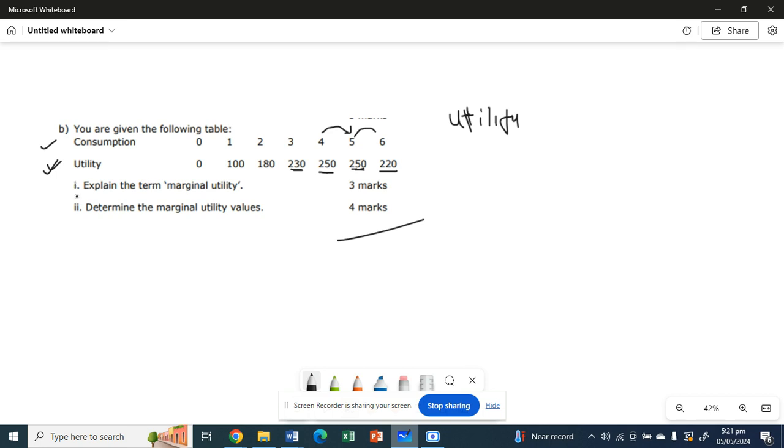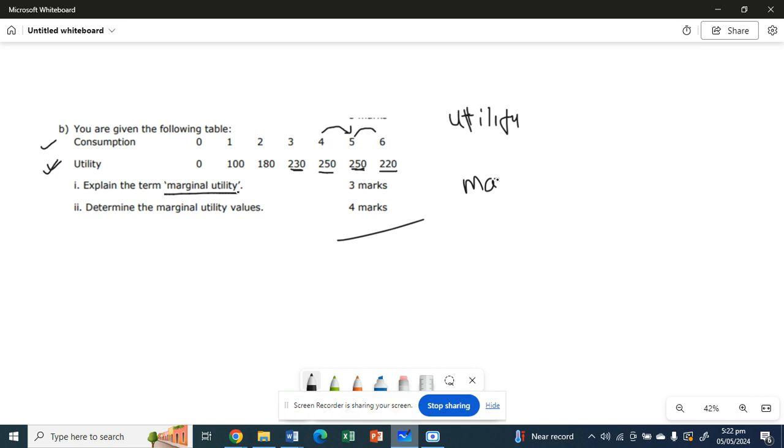So the first question here is explain the term marginal utility. Anytime in economics, whenever you hear the word marginal, it means addition. So marginal utility is the additional satisfaction you get when you consume an extra unit of the good.